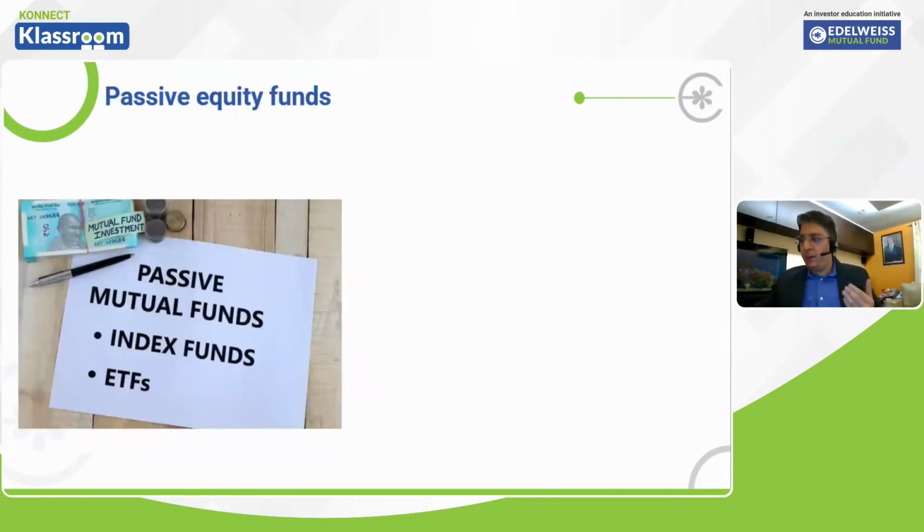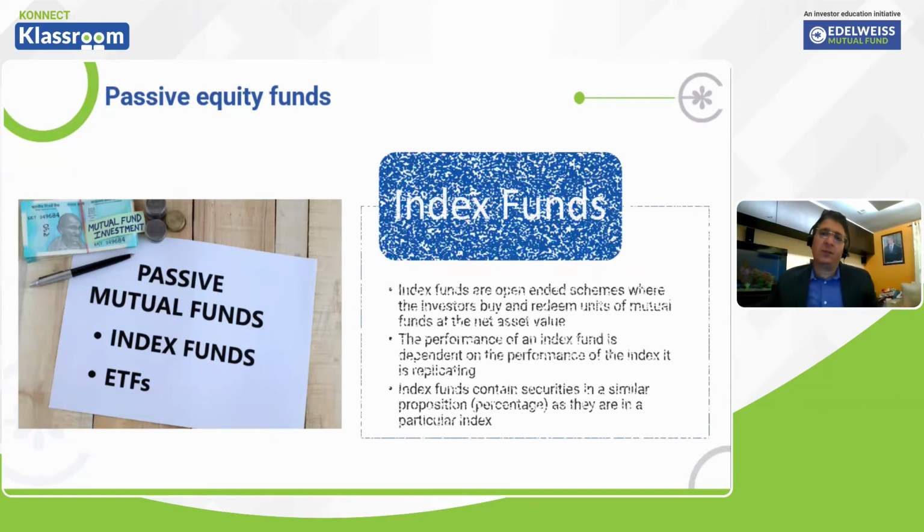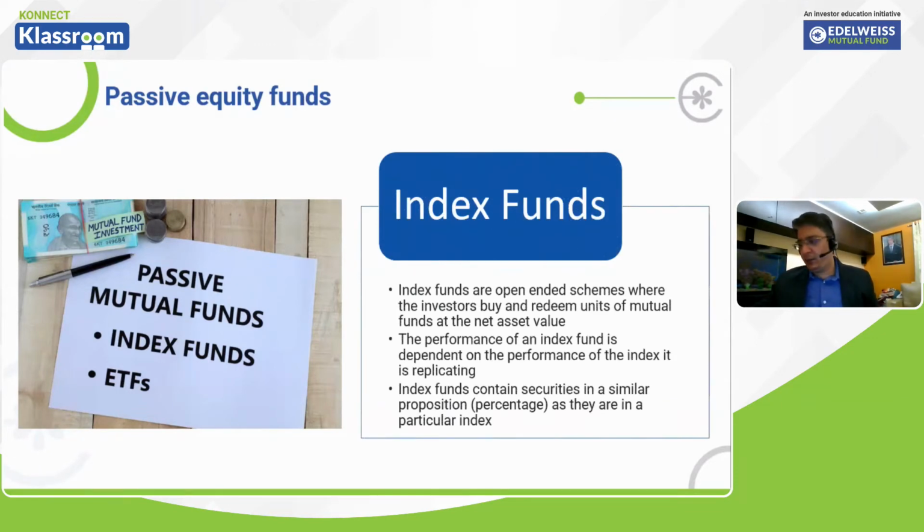When we talk of passive investment options on the equity side of things, or in equity schemes of the mutual fund under the mutual fund umbrella, the first option that I would like to share with you is called index funds.